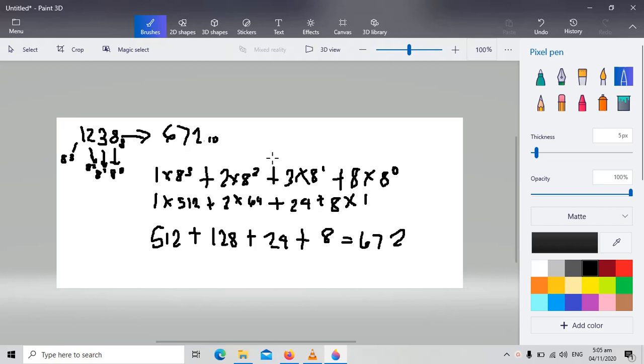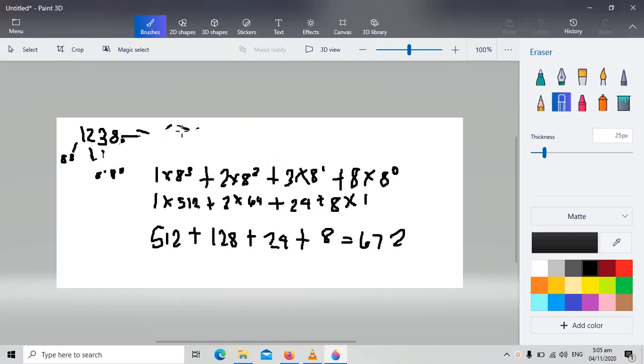Alright, let's try another one. Solving an octal number but with 4 digits in a number.